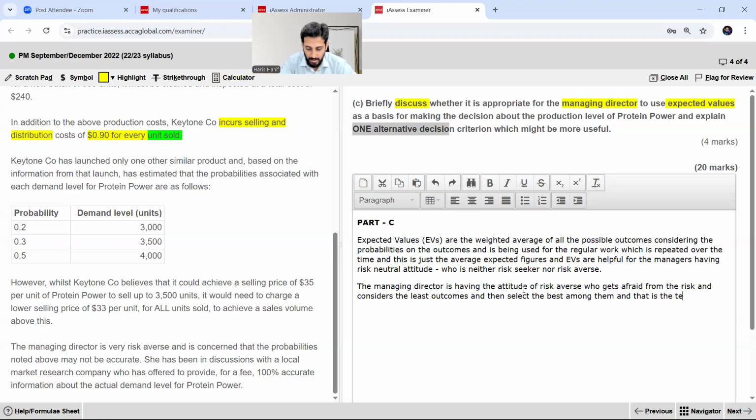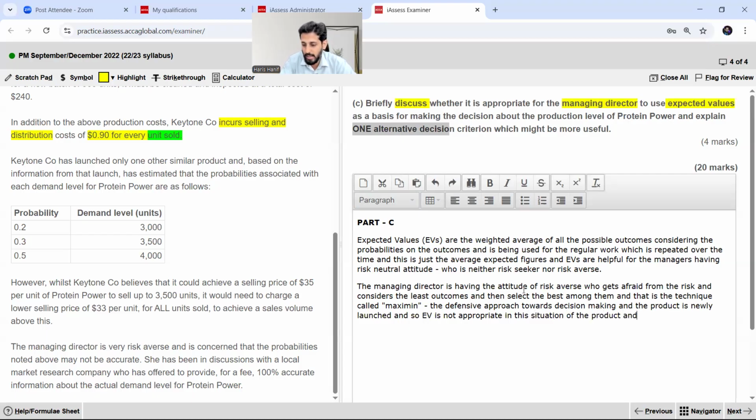That is the technique called maximin, the defensive approach towards decision making. And the product is newly launched, so EV is not appropriate in this situation.